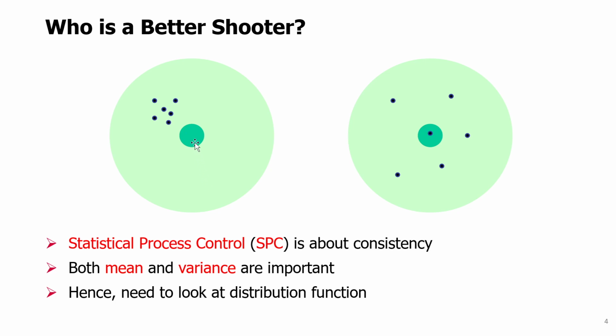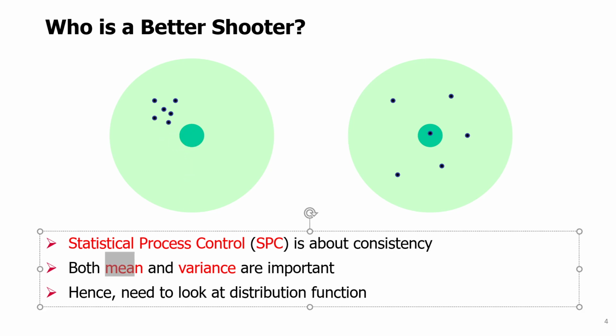This is, of course, an example where the mean is here off the target, right? So we have a mean that is not centered. Maybe it's the problem with the actual gun. Maybe this is the problem of the shooter that always deviates one way due to something.